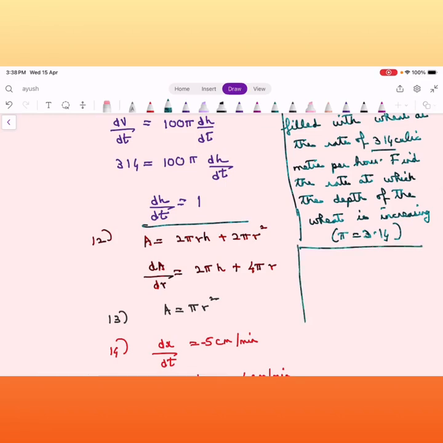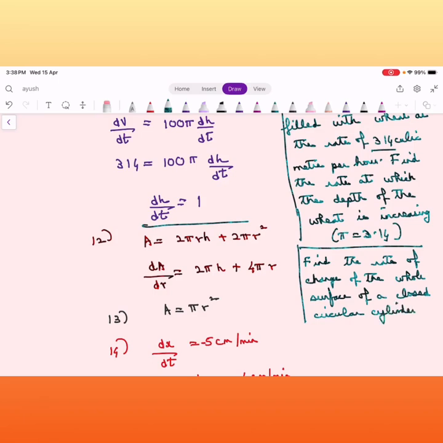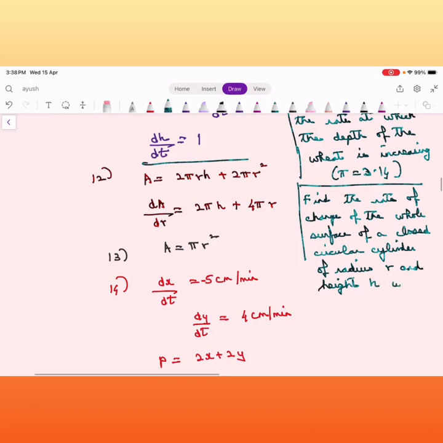Let's move to the next question. Find the rate of change of the whole surface of a closed circular cylinder of radius r and height h with respect to its radius.